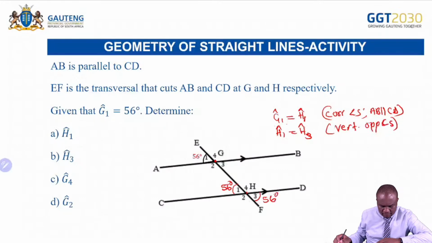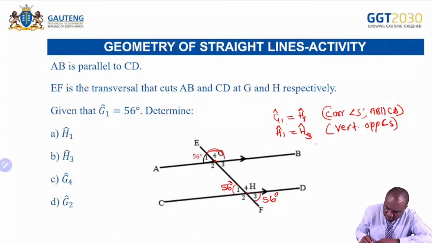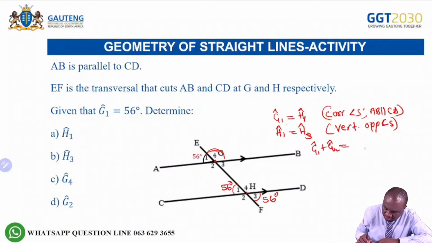Okay, then G4, how can you find G4? G4 and G1 are adjacent angles on a straight line. So it means G1 plus G4 is equal to 180 degrees.